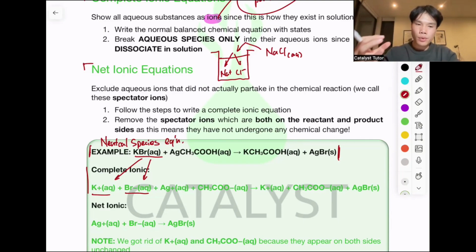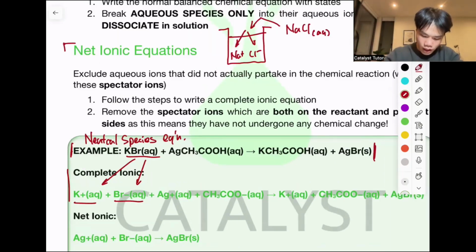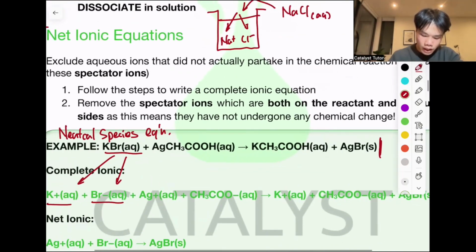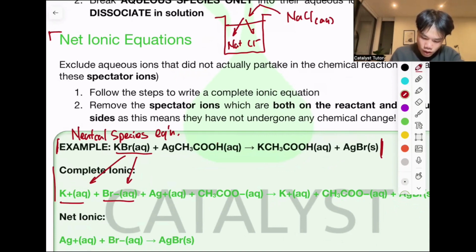So that means whenever you write an equation like the one we have in black, KBr aqueous, AgCH3COO, these are ionic compounds, metal and non-metal, and they're aqueous, meaning they're going to be existing as ions.